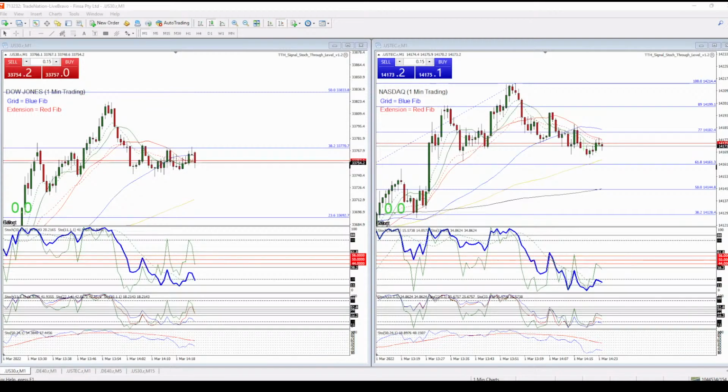The US Tech also had 77 of daily high low. First found that as support and then resistance. So you might see some consolidation there. Still watching for that possibility of 33 up through 50.